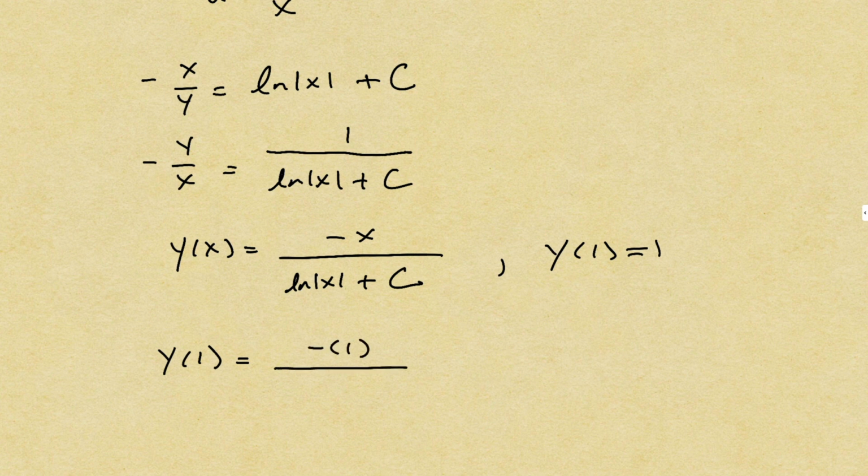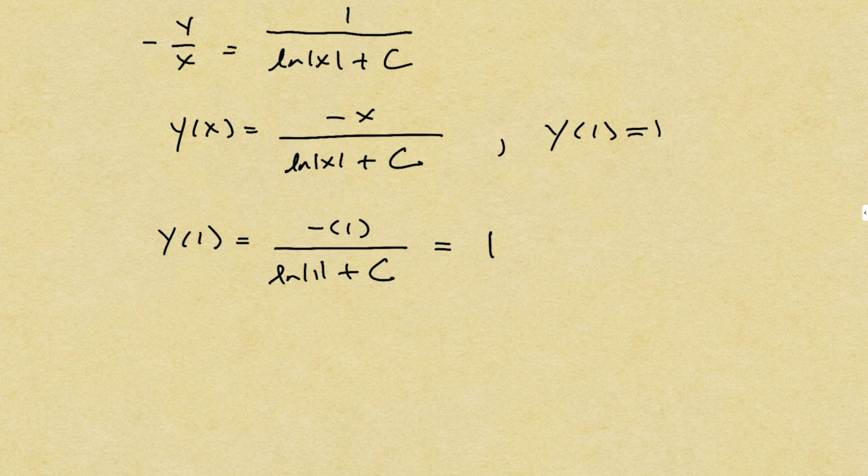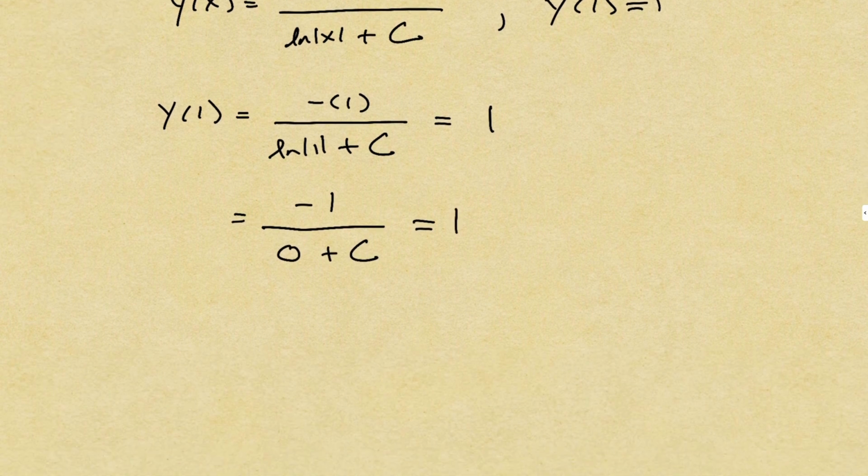Minus 1 over log of 1 plus our constant, and this whole thing has to equal 1. So let's simplify. We have a minus 1 on top. Log of 1 is 0 plus a constant equals 1. So really we just have minus 1 over c is 1, and therefore c is minus 1.